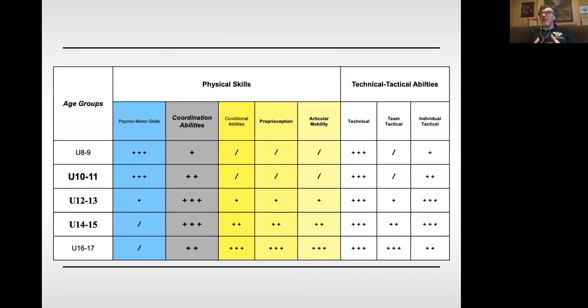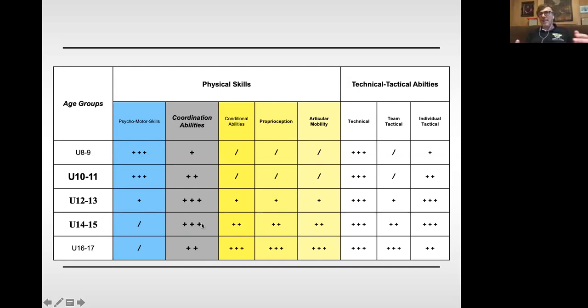When do we develop this? As you can see, with the psychomotor there is a little bit of interaction. They start becoming important at 9, 10 years old, and then they are very, very important at 11 to 14 years old.